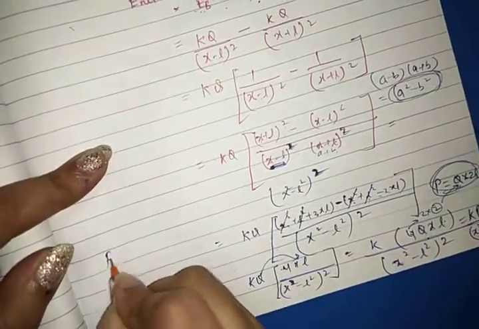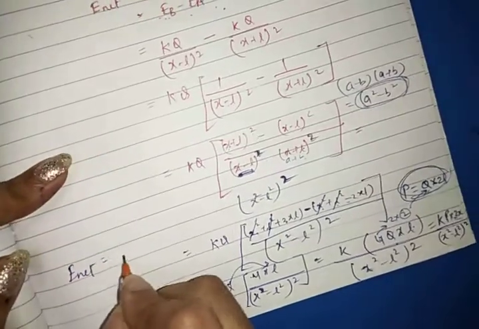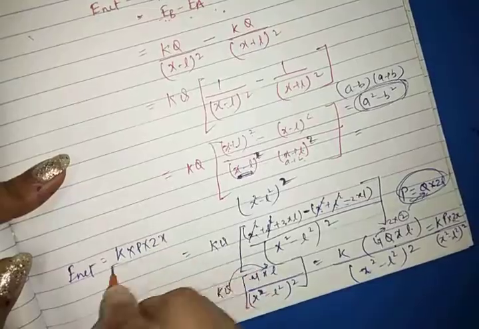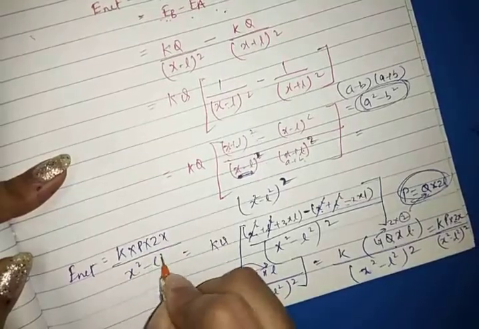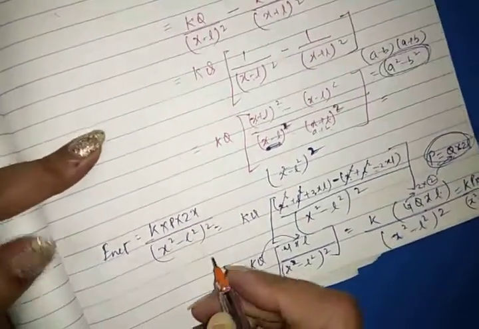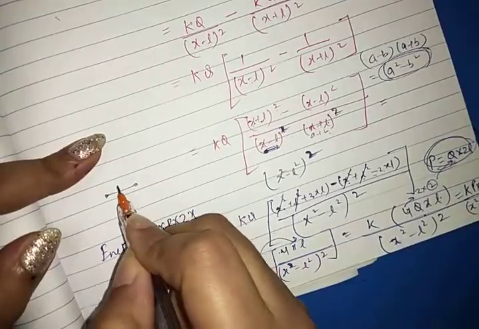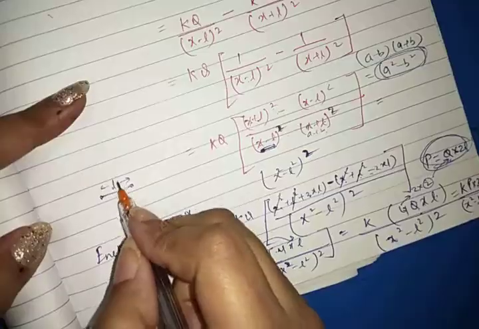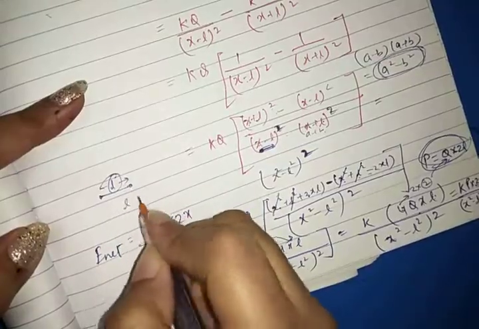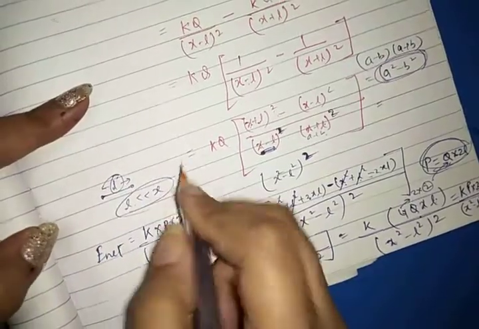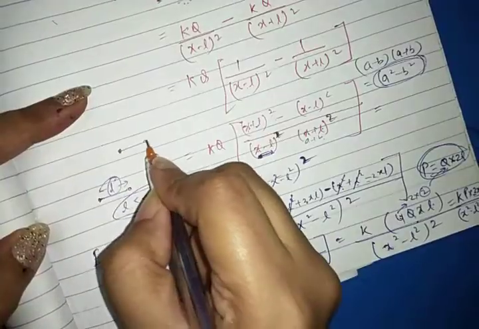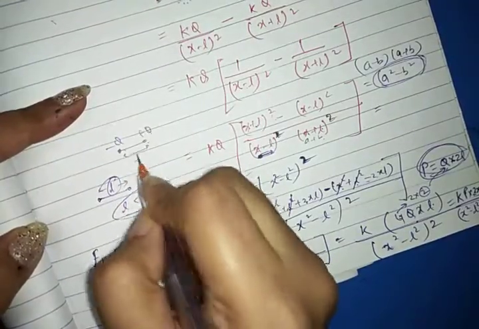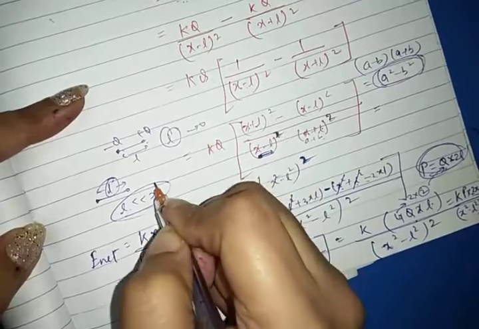That's how we will get E net equals k into p into 2x upon x square minus L square whole square. But we know the fact that the length of this electric dipole arrangement is very small. That's why L is very much less than x. Because I initially told you that the electric dipole length is very small, tending to 0.